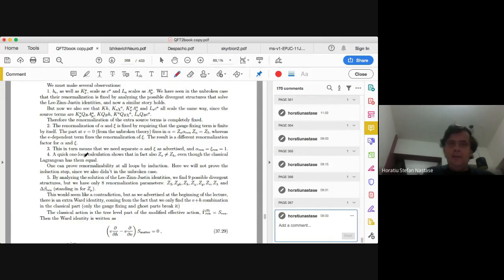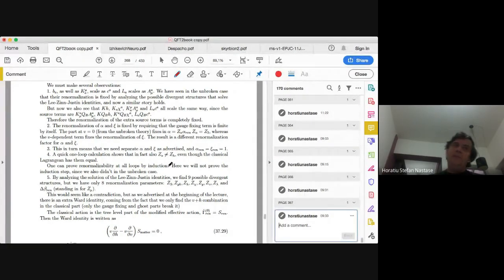Another thing, we can do a one-loop calculation and show that the renormalization of V is different than the renormalization of H. Z_V is different than Z_H, even though in the classical Lagrangian I have them appearing in the combination V plus H, so at the same level.